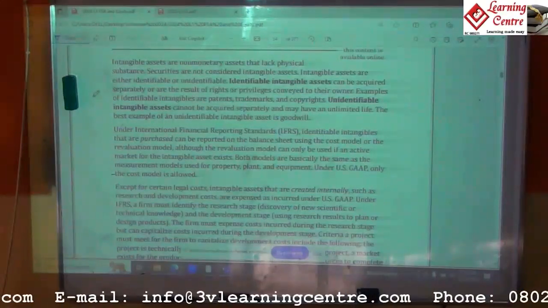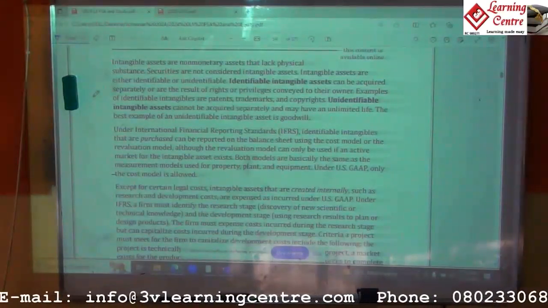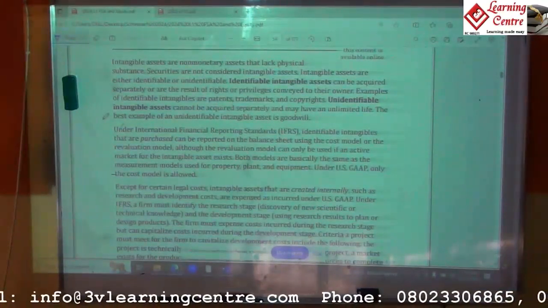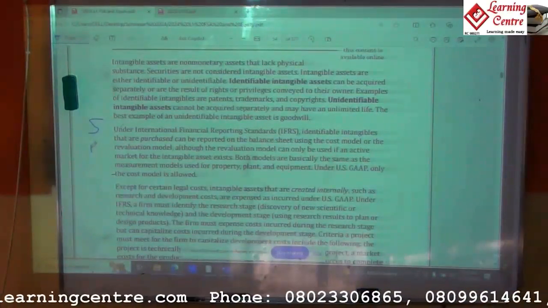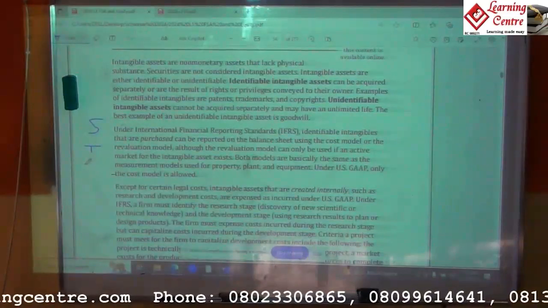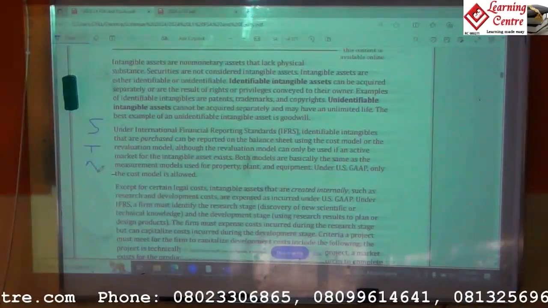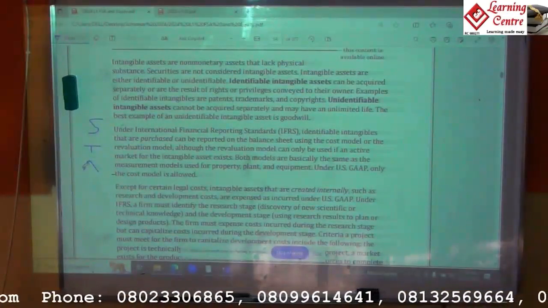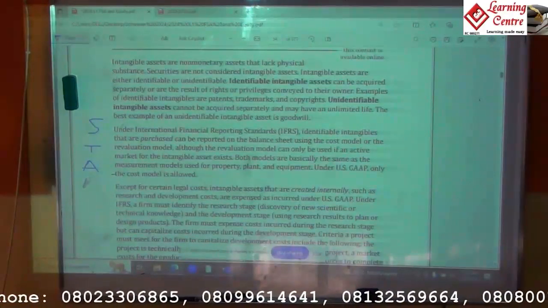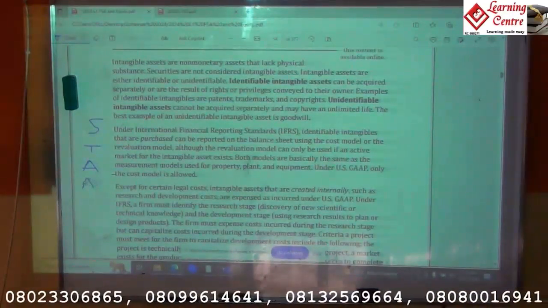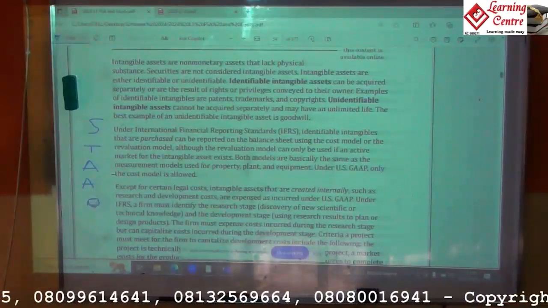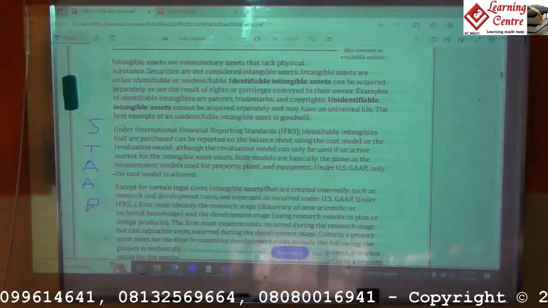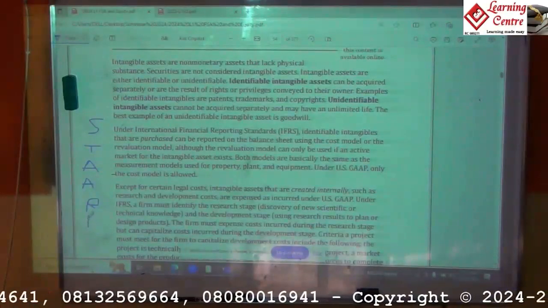Just remember this acronym, STARS. Whatever you are doing, once you see these costs, you expense them immediately.